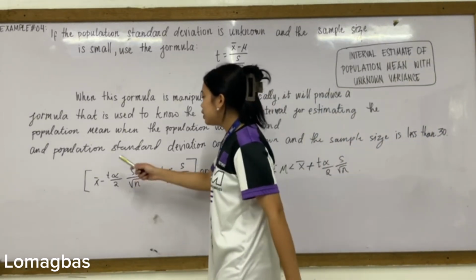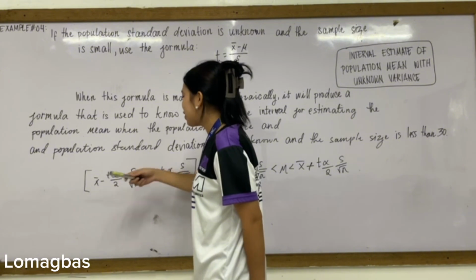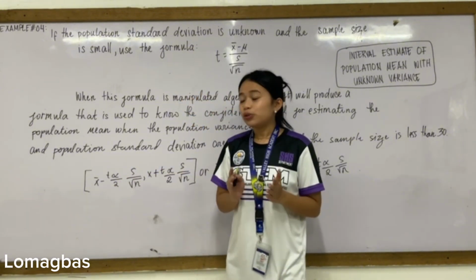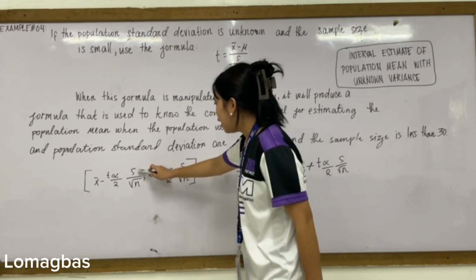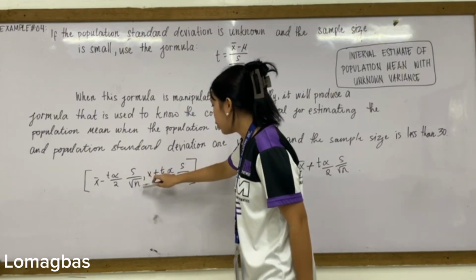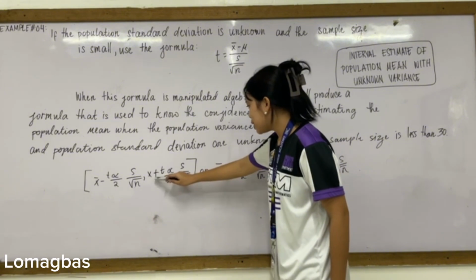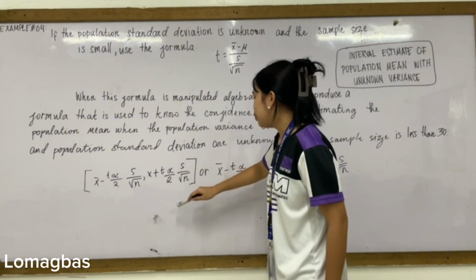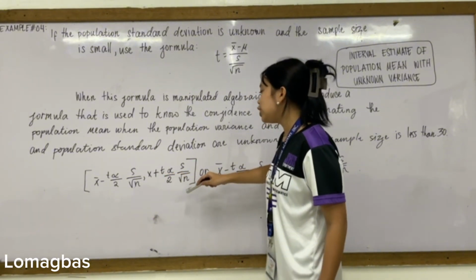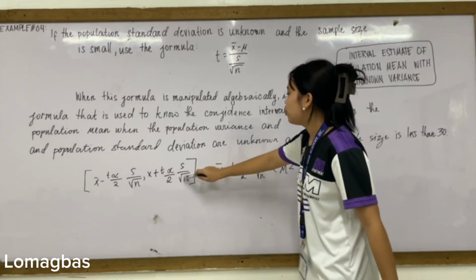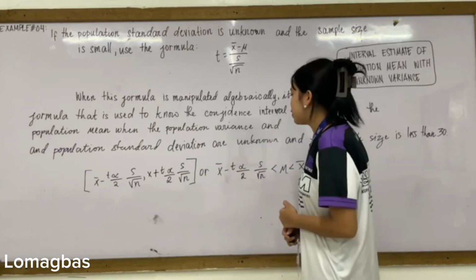So, sample mean minus critical value of alpha over 2 times standard deviation over the square root of sample size, then x-bar plus critical value of alpha over 2 times standard deviation over the square root of sample size.